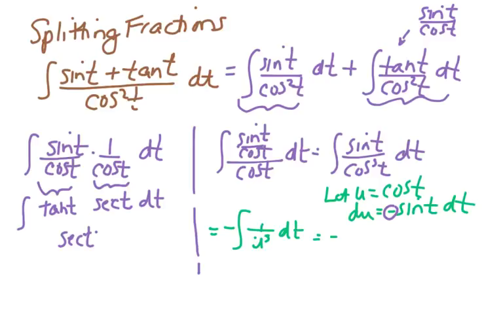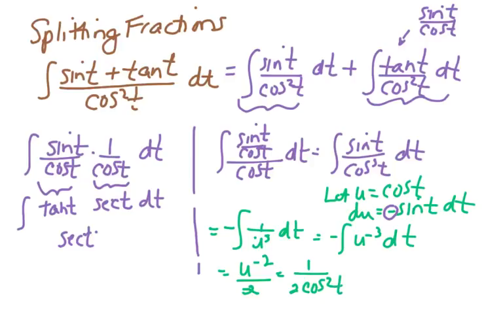So I'm just going to rewrite that with a negative exponent so that I can easily use the power rule. And the antiderivative is going to be u to the negative 2 over 2. And back substitute, you get 1 over 2 cosine squared t.